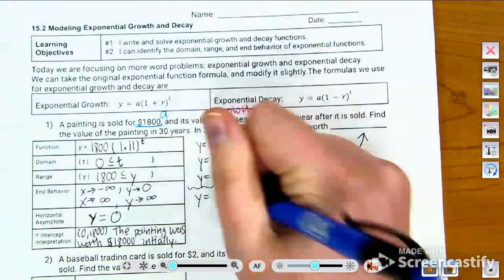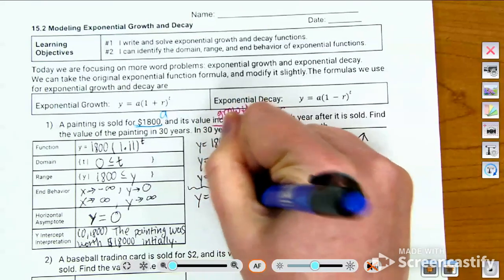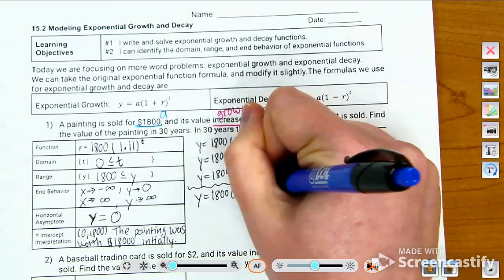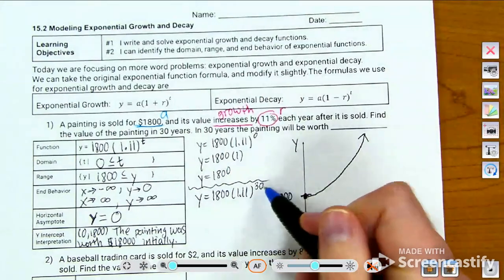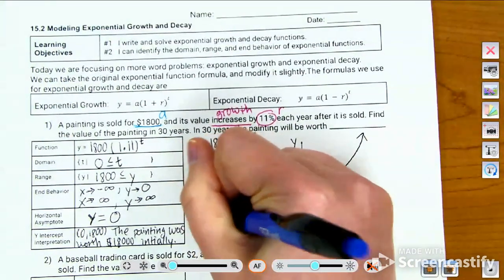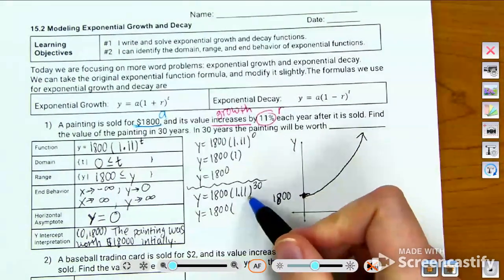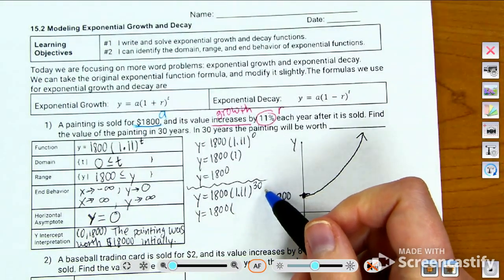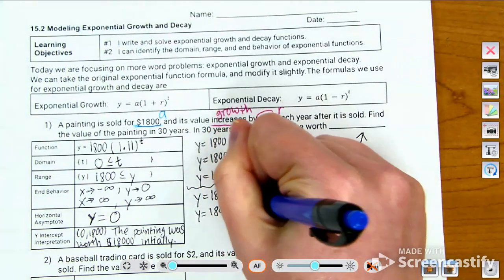We'll have y equals 1,800 times 1.11 to the power of 30. So we need to make sure to deal with the exponent first. So we'll have y equals 1,800 and 1.11 raised to the power of 30. That will work out to be 22.8.